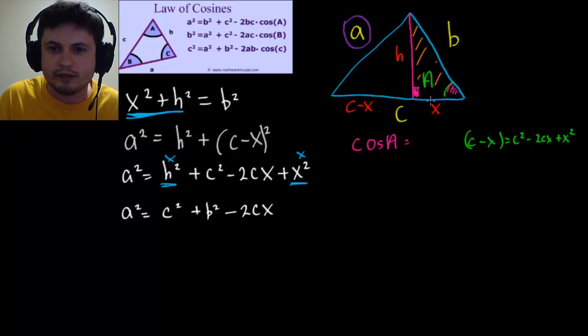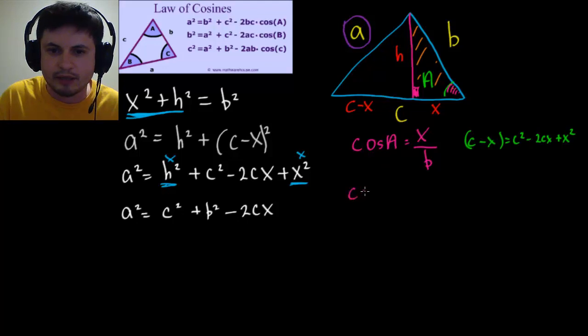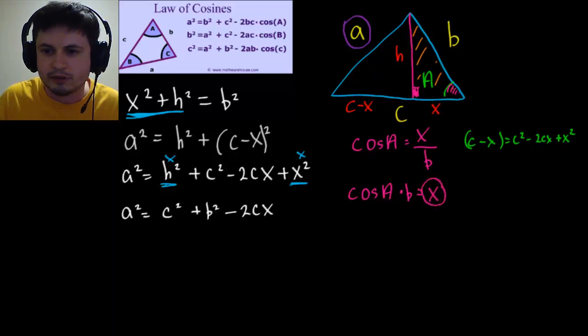The adjacent side, x, divided by the hypotenuse, d, right? So this divided by this. And if you rearrange this for x, you can say that cosine A multiplied by b equals x, right?